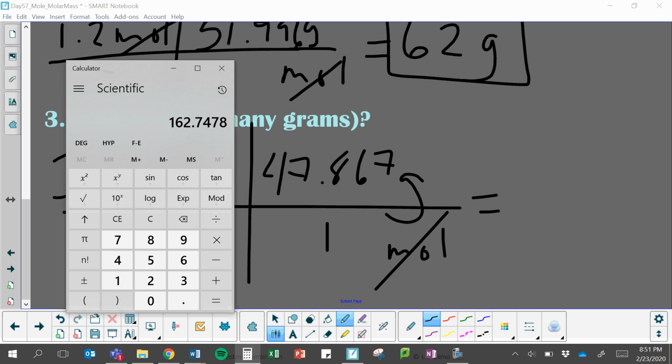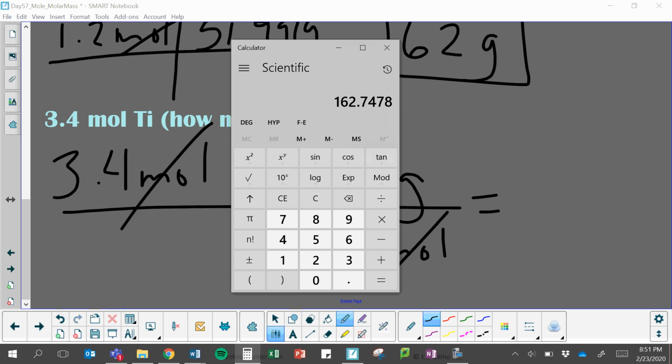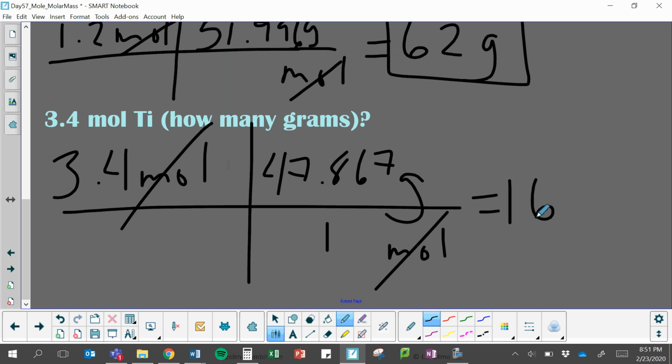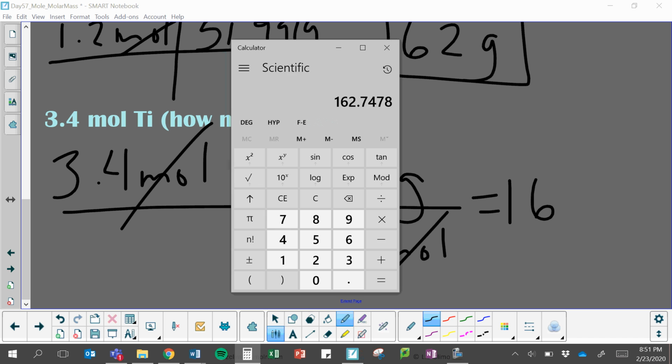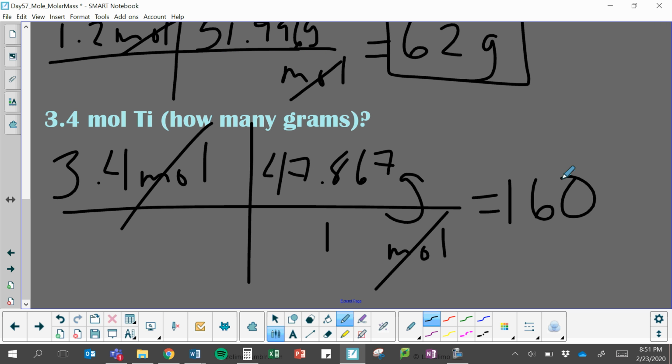And our answer is 162.7478, but we only have 2 sig figs. So the way we write that is 1, 6, and 16 isn't quite the same as 162, so we have to put this 0 as a placeholder for our answer.